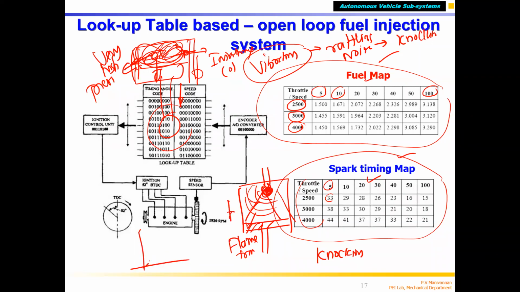This is the compression stroke. Here I am giving a spark, then the combustion happens, pressure increases and pushes down, because this is the power stroke. Here you have suction, and this is the compression stroke. At the end of compression, you give a spark, so combustion happens.